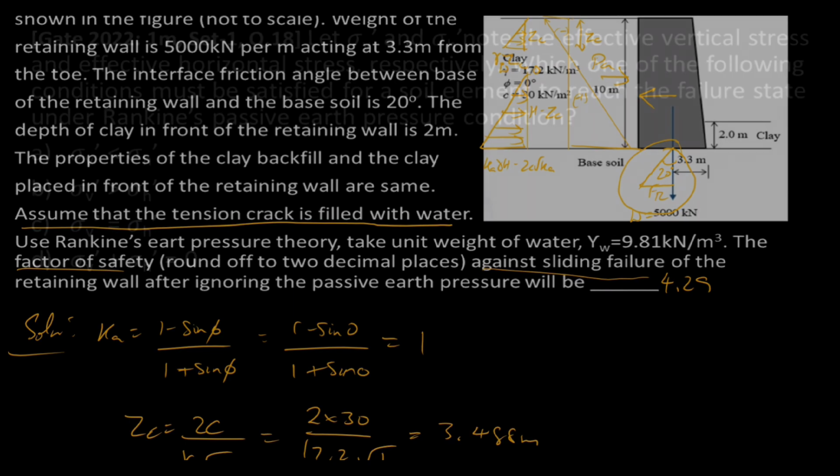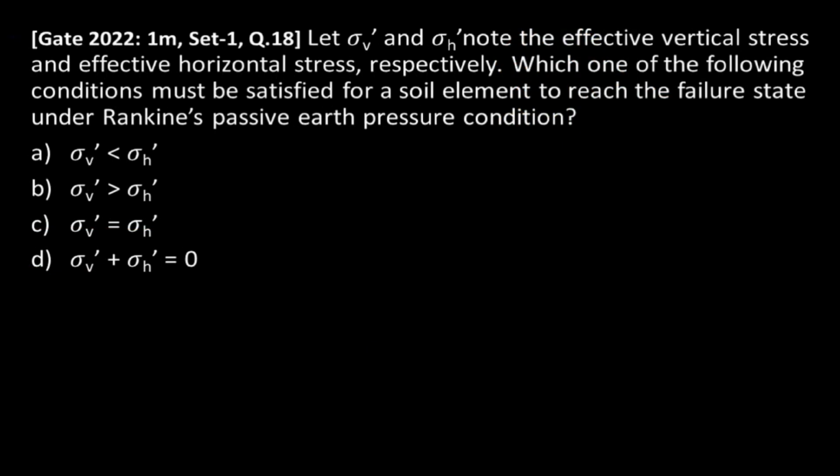4.29. In this question, they have given the vertical and horizontal effective stress, and they have asked us to find out the condition for the soil element to reach the failure state using Rankine's passive earth pressure condition. So to reach failure state, Rankine's passive earth pressure coefficient Kp should be greater than 1. Right.